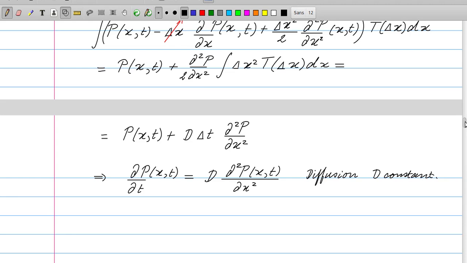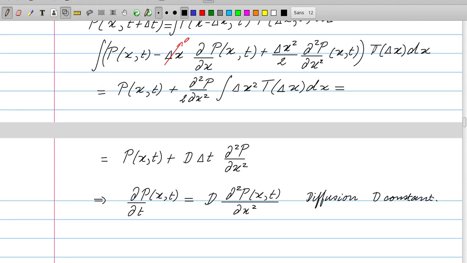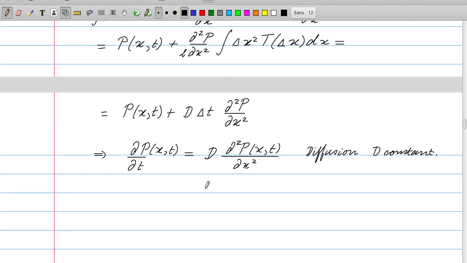In that case, there is also an x dependence in the T, so that has to be taken into account when Taylor expanding the terms in the integral. In that case, what you find is d dx of a x-dependent diffusion constant times dp dx, where p depends on x and t. So that's general.